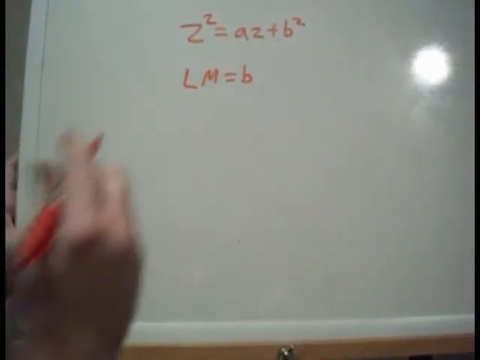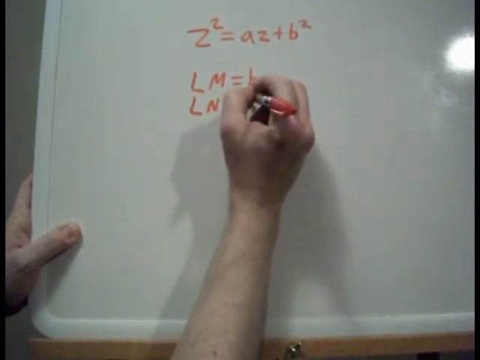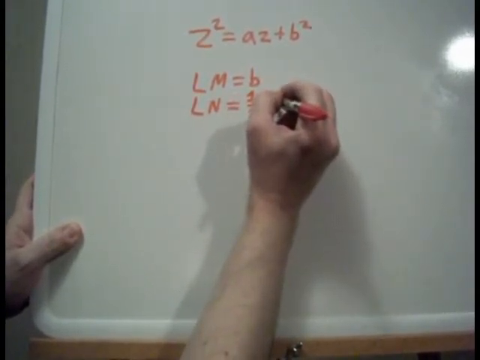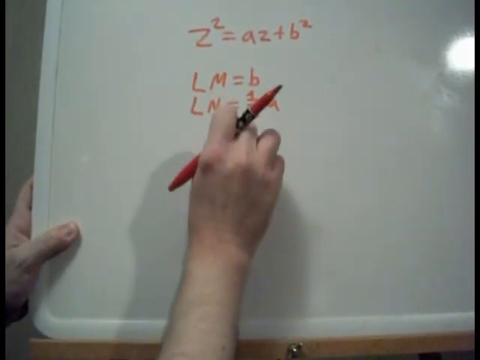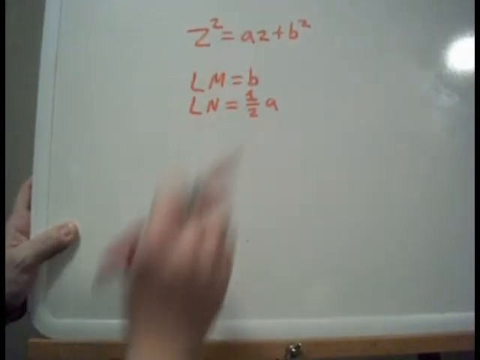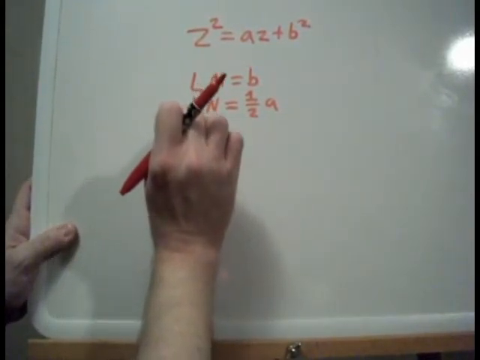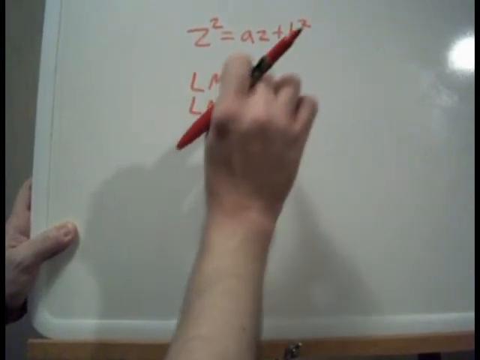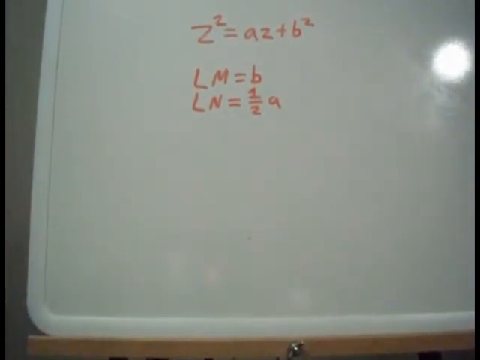What about ln? It equals 1/2 of A. So the length of ln is 1/2 of A. But that means that twice the length of ln is going to equal A. Okay.